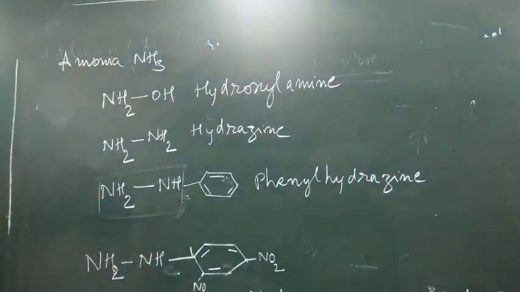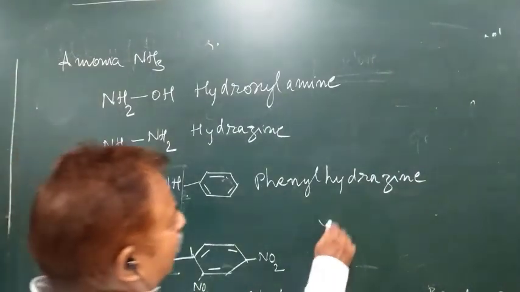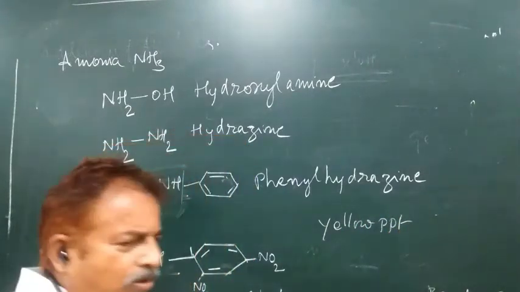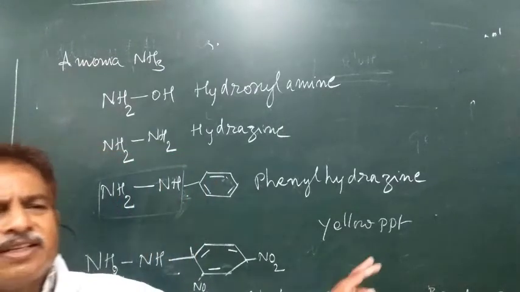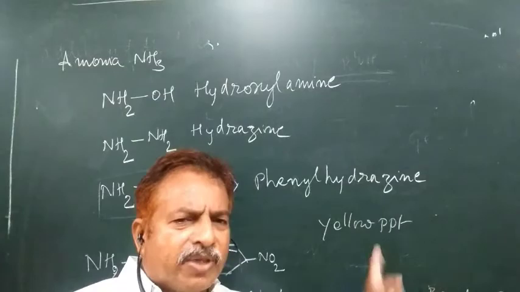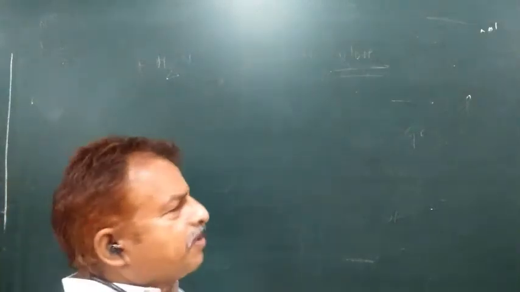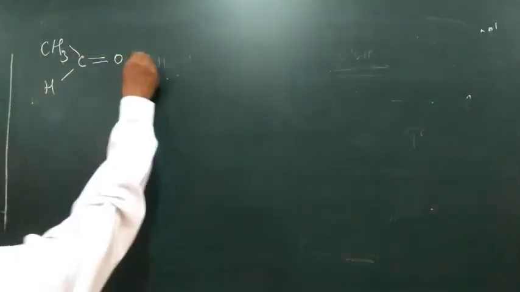When carbonyl compounds react with 2,4-DNP, we get a yellow precipitate. So the reaction of carbonyl compounds with 2,4-DNP is the test for the identification of the carbonyl group. Now let us see the reactions of aldehydes and ketones with ammonia derivatives. This is acetaldehyde.